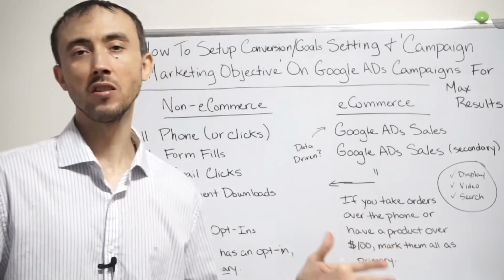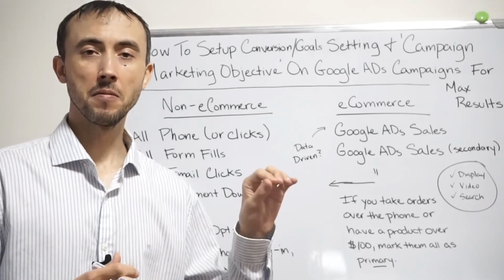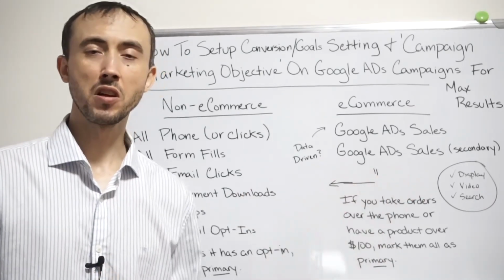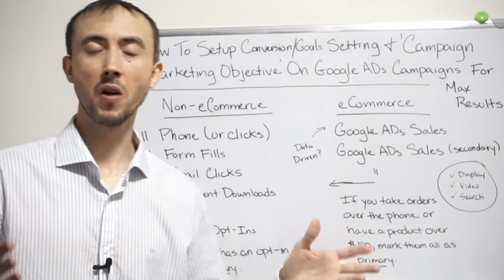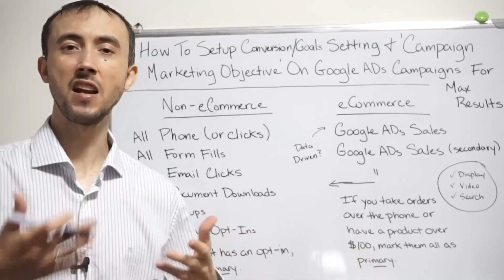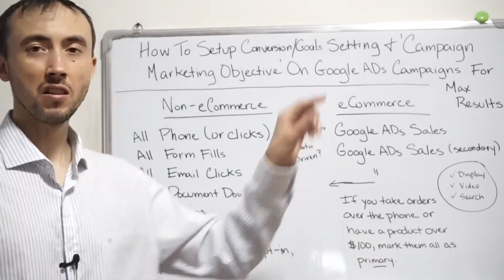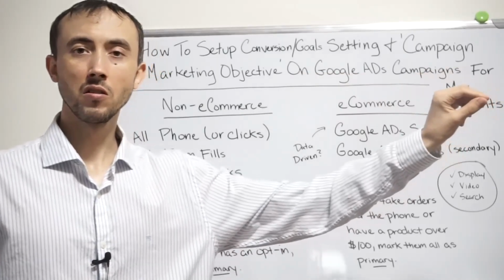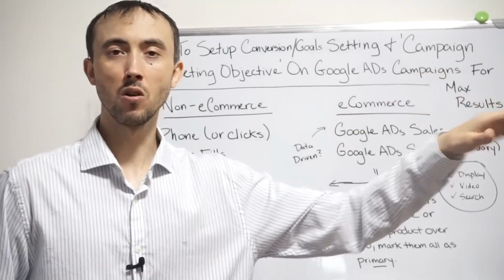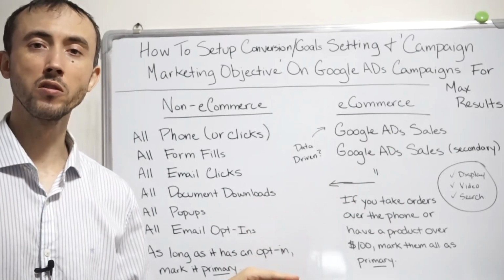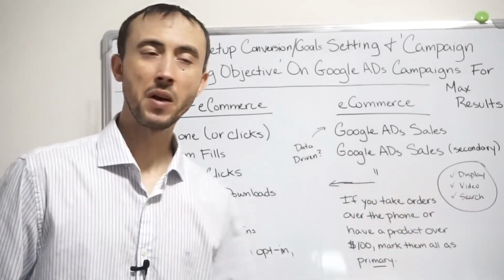There's no reason to select specific goals just for your campaign for the most part. There are some weird situations, but 99% of you guys are just going to click the account level goals as what you want to use to guide that specific campaign that you're setting up.